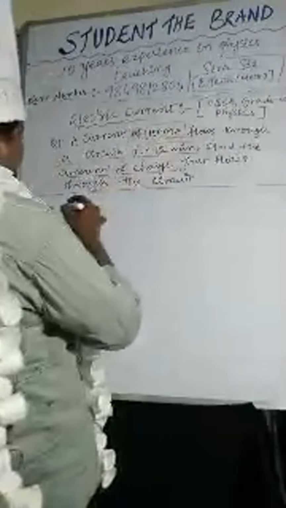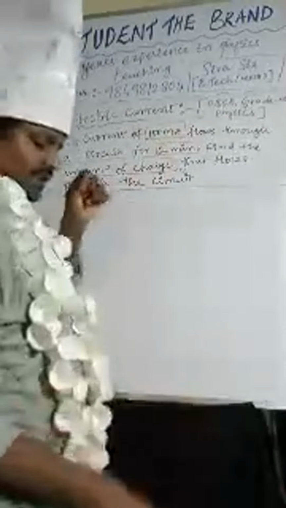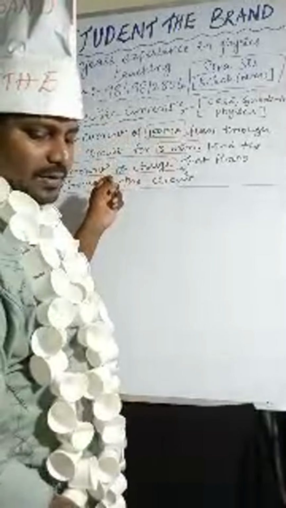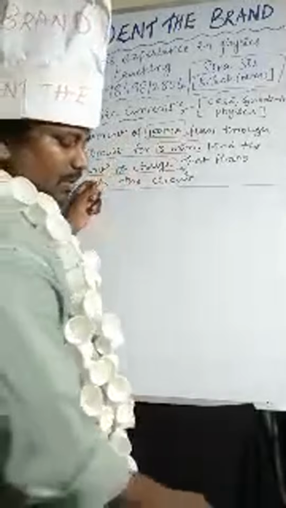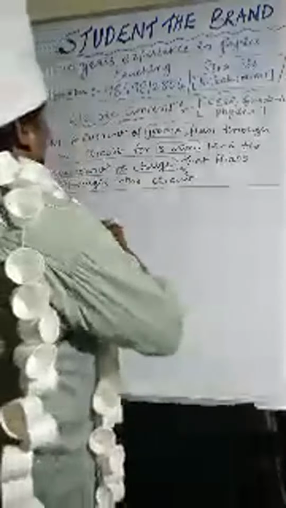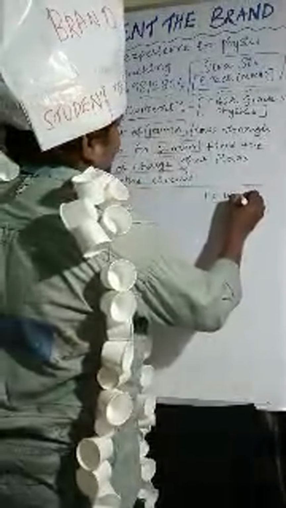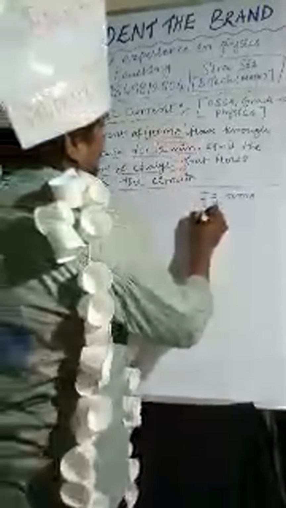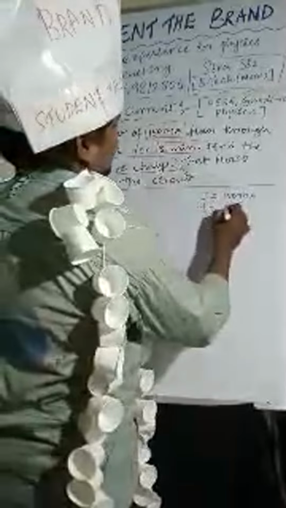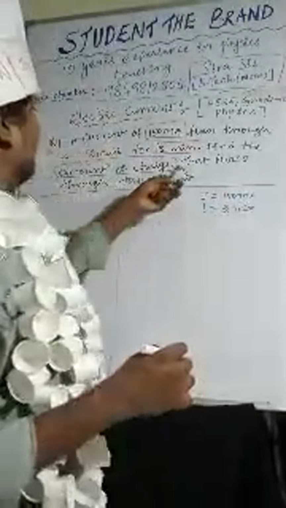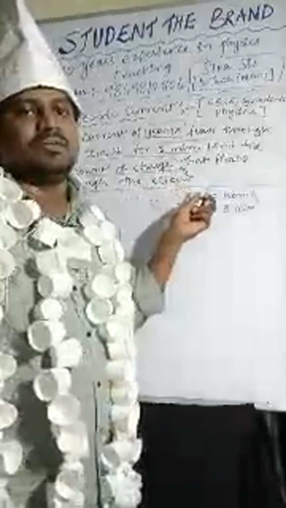Okay. So here current is given, right? Okay. So now you can see I equal to 150 milliampere. Time given 2 minutes, right? And find out the amount of charge they asked.